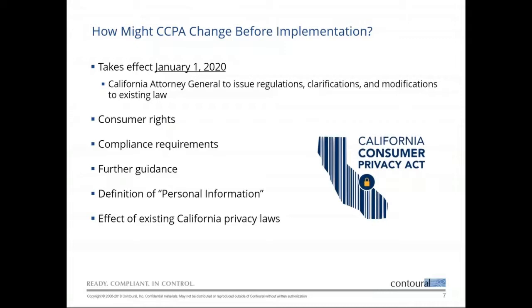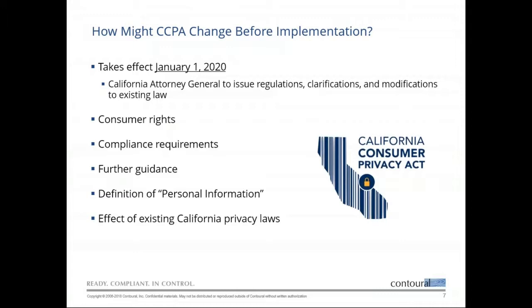I think it will be interesting to see whether the definition of personal information changes. Already there is a lot of lobbying going on to try to limit or narrow what constitutes personal information. For example, marketing or advertising technology companies are asking that cookies and IP addresses not be considered personal information. I would not expect that to change, but I would definitely pay attention to this between now and January of 2020.